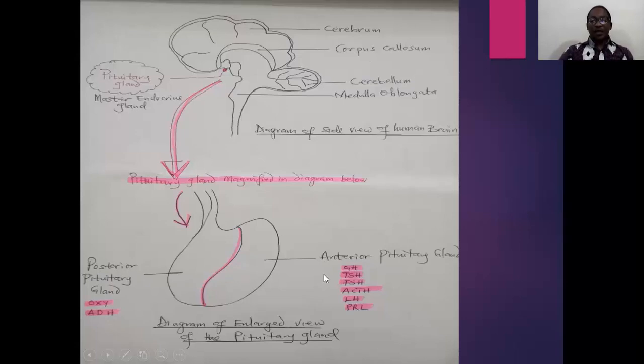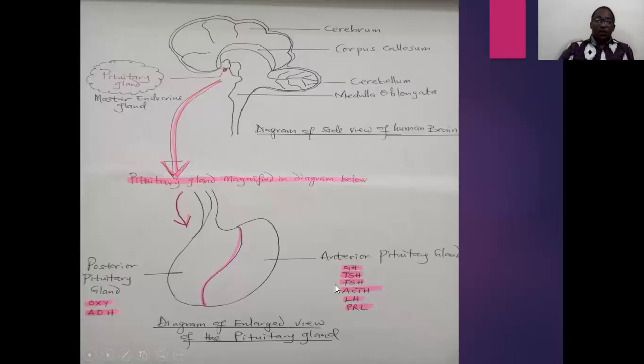What are the hormones that are secreted by this pituitary gland? We have growth hormone, GH, thyroid stimulating hormone, TSH, follicle stimulating hormone, FSH, adrenocorticotropic hormone, ACTH, luteinizing hormone, LH, and prolactin, PRL, and these are the hormones produced from the anterior pituitary.